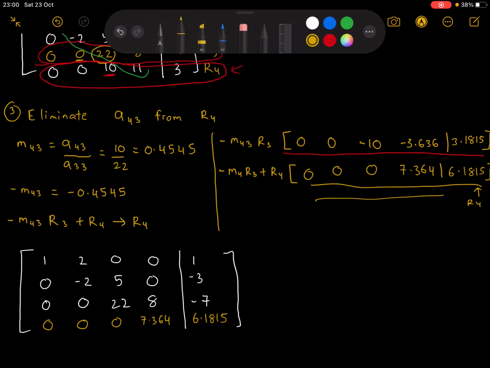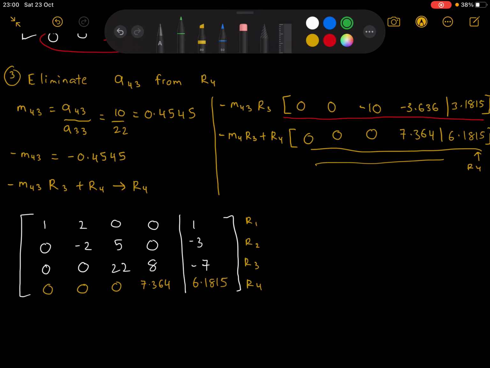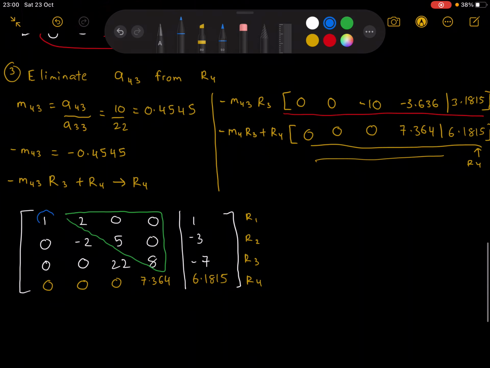So now this is our row 1, row 2, row 3, and row 4. If you check here, we have already got the upper triangular form, whereby anything below the diagonal has become 0.